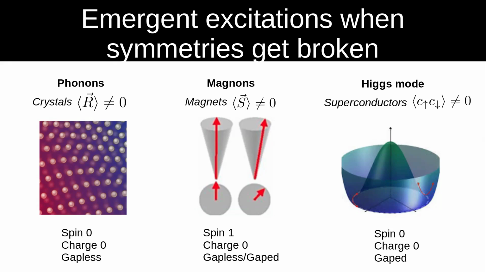And they can be gapless or gapped depending on the specific electronic structure of the material. And then the Higgs modes, they have, let's say, 0 charge and 0 spin, and they have a gap because of how the free energy of the superconductor is. So symmetry breaking is a very interesting direction for creating emergent quasi-particles that were not present before in the material.